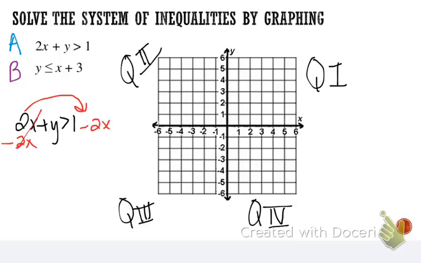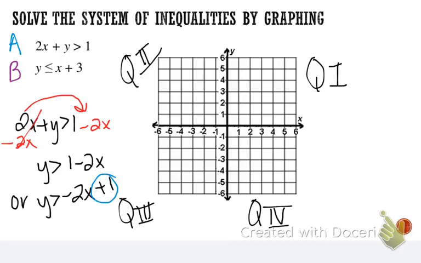And now we have that y is greater than 1 minus 2x, or y is greater than, the slope comes first, and then the 1, and it is a positive 1. Either way is correct. Okay, so graphing this one, we're going to start at the 1 on the y-axis.